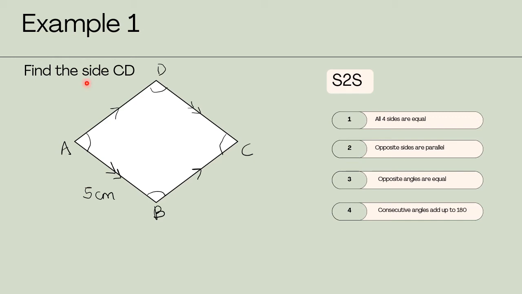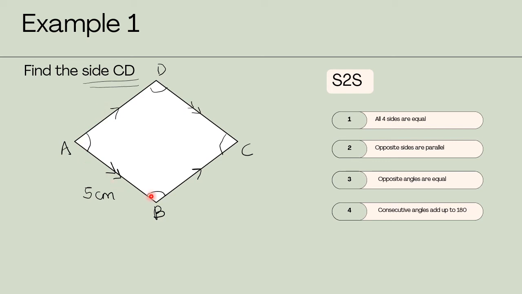So we need to find the side of CD, which means that no unknown angles are required to find in this example. You are only required to find the side. So we are given 5 centimeter.